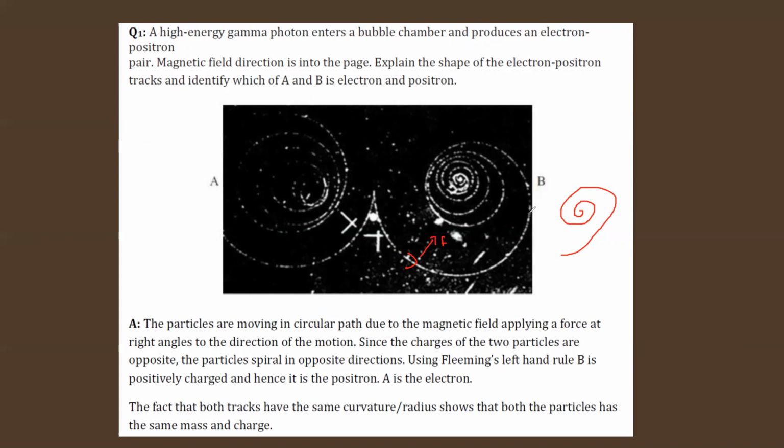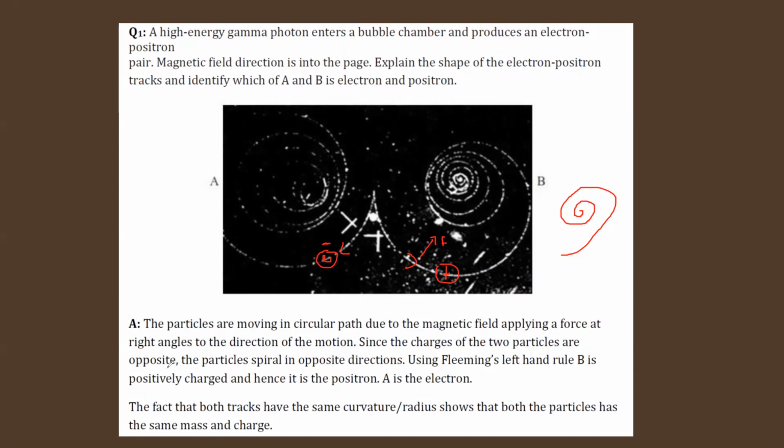So when I apply the left hand rule for path B, it follows the left hand rule. So path B is due to the positive particle, which is the positron here. The opposite path does not follow the left hand rule, so it is a negative particle. The particles are moving in a circular path due to the magnetic field, and the direction of the magnetic field is perpendicular to the direction of the motion.